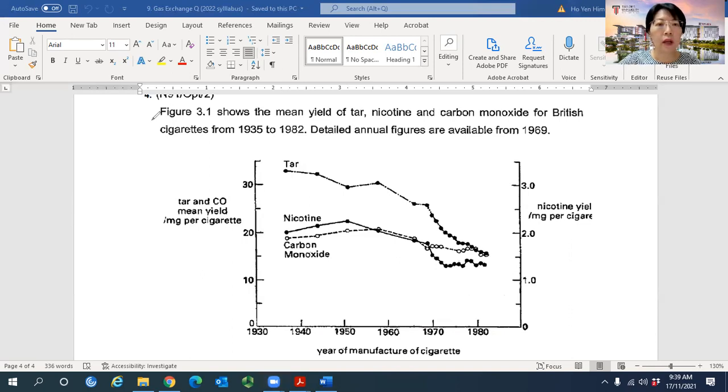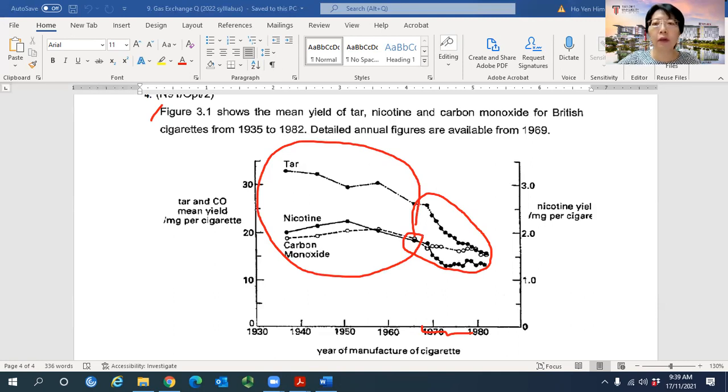Figure 3.1 shows the mean yield of tar and nicotine and carbon monoxide for British cigarettes from 1935 to 1982. Detailed annual figures are available from 1969. So that means from 1969 onwards, there are a lot of detailed figures. That's why there are more points on the graph versus the timing before that, you've got less data available.